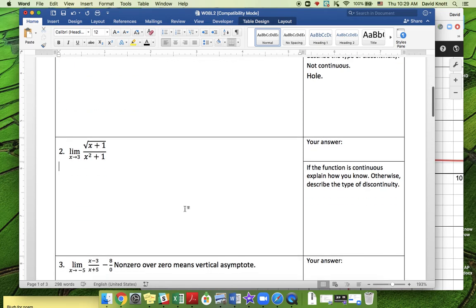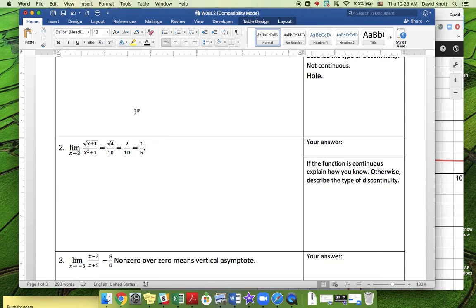Let's go through them quickly. So number 2, again, you should just try plugging in the number, right? Sometimes you get lucky. And in this case, you do. If you plug in 3, you get square root of, well, 3 plus 1 is 4, and then 3 squared plus 1 is 10. So that gives you 2/10 or 1/5. So that is just a regular number, right?